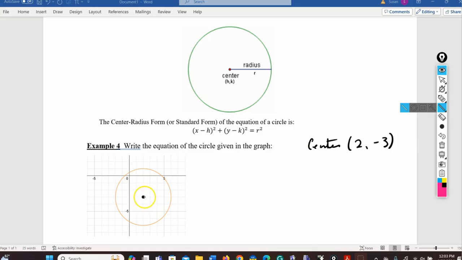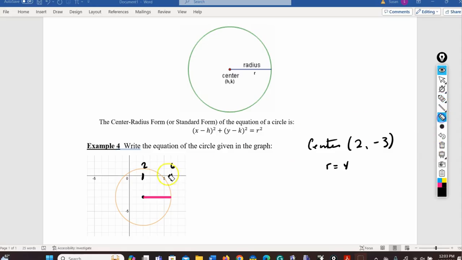So I might do the horizontal distance from here to here. And again, we can see that this corresponds to 2, and this corresponds to 6. And so this red distance is going to be 6 minus 2, which is 4. So my radius is 4.